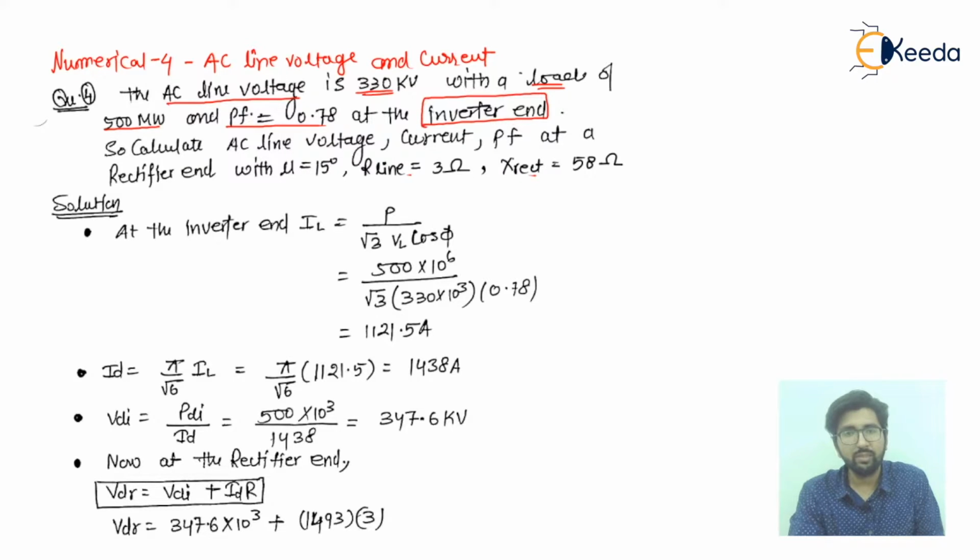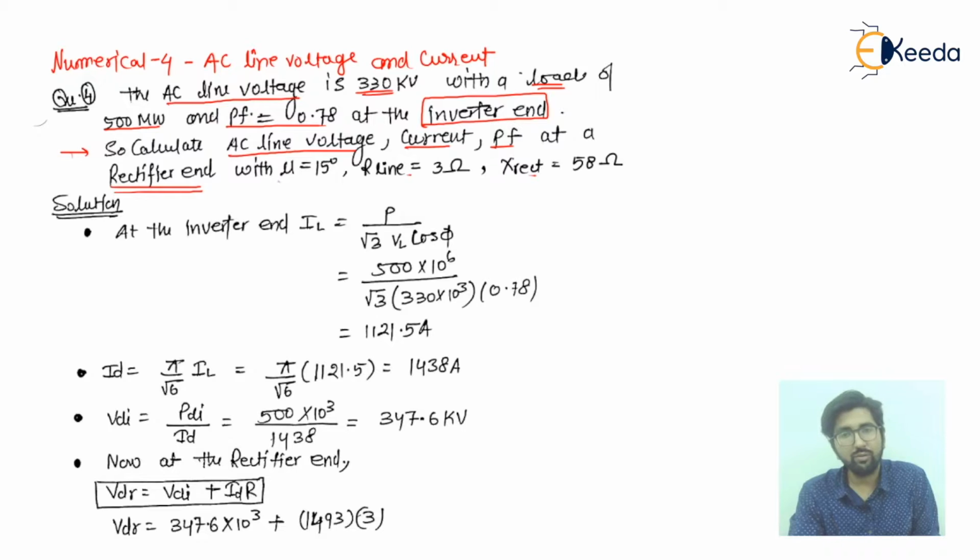Sometimes questions are framed according to the inverter end, or you can say the rectifier end. It is now saying: calculate the AC line voltage, the current and the power factor. So three things you have to find, but it should be on the rectifier end.